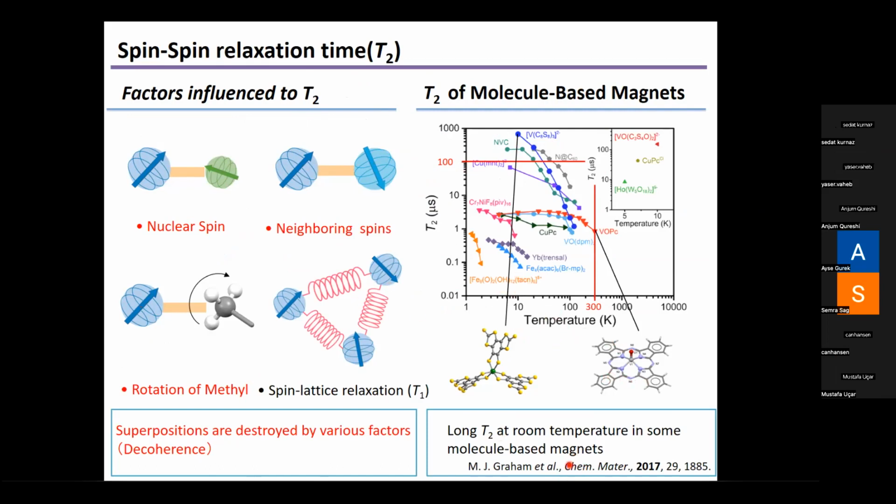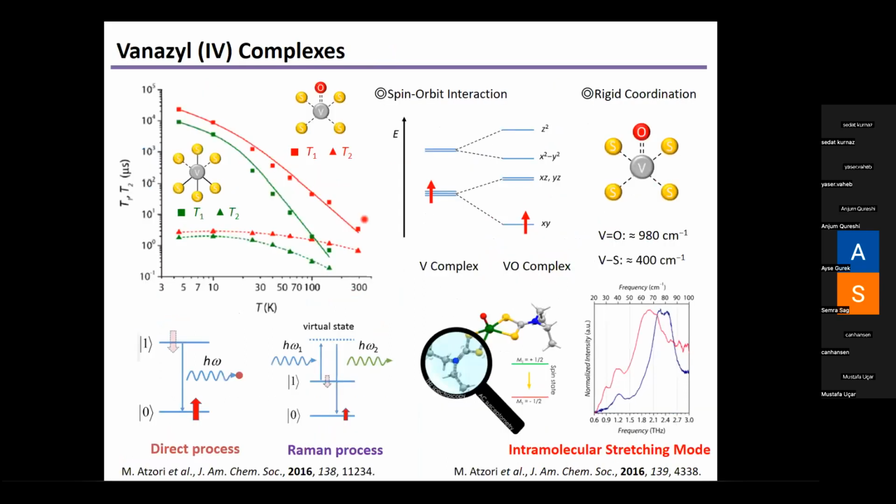So metal complexes are good candidates for the next generation of molecular spin qubits. Examples are square pyramidal vanadium compounds and also octahedral sulfur-coordinated vanadium compounds. For this relaxation time, the important thing is the terahertz optical region: depending on the compound, the peak is split into a doublet or a singlet. This is very important information.